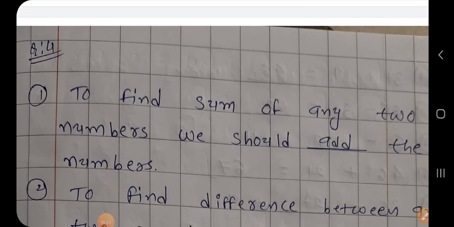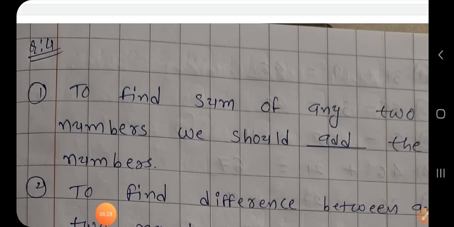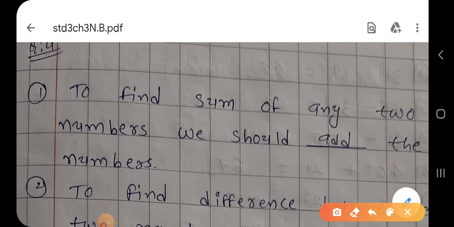Then question number 4. Give the heading, fill in the blanks. In that, first is to find the sum of any two numbers, we should blank the numbers.